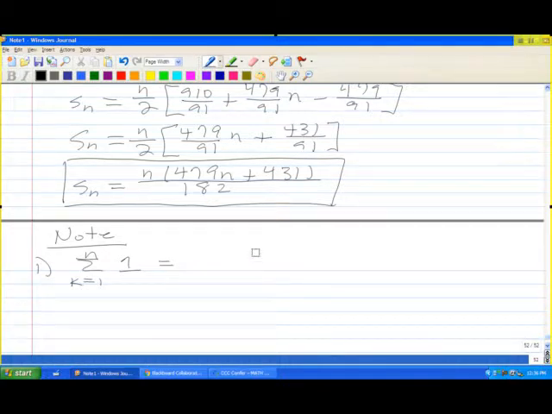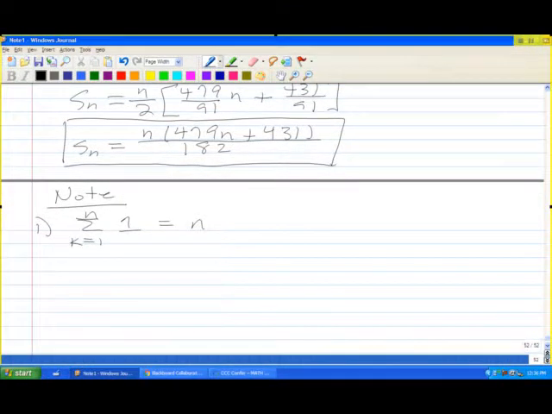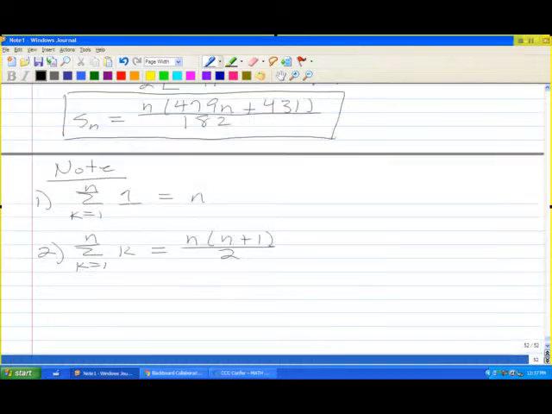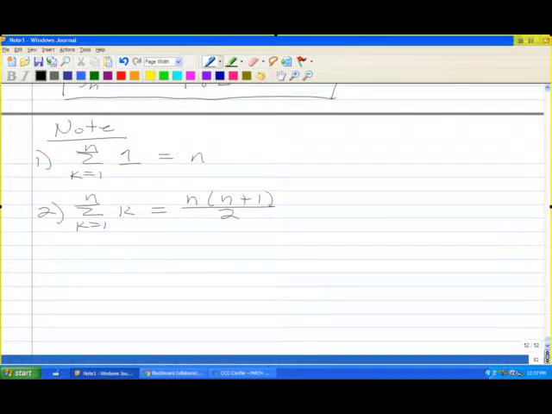So if you add up 1 n times, you get n. 2, the sum k equaling 1 to n of k is equal to n times n plus 1 over 2. 3.